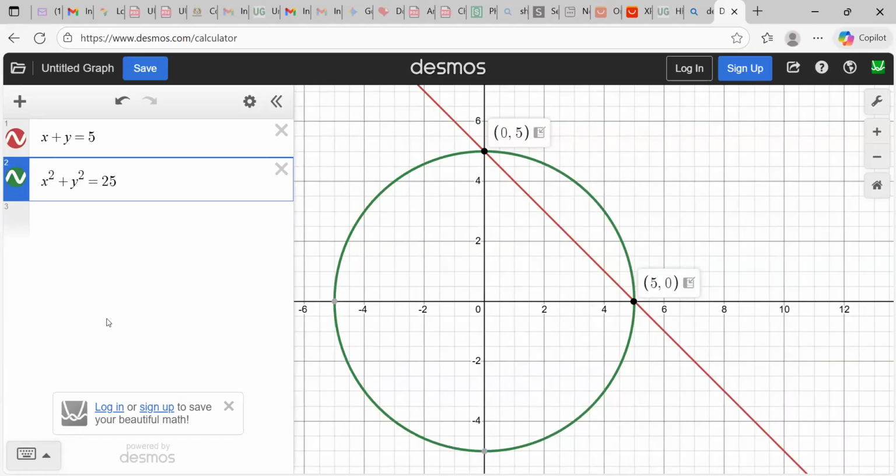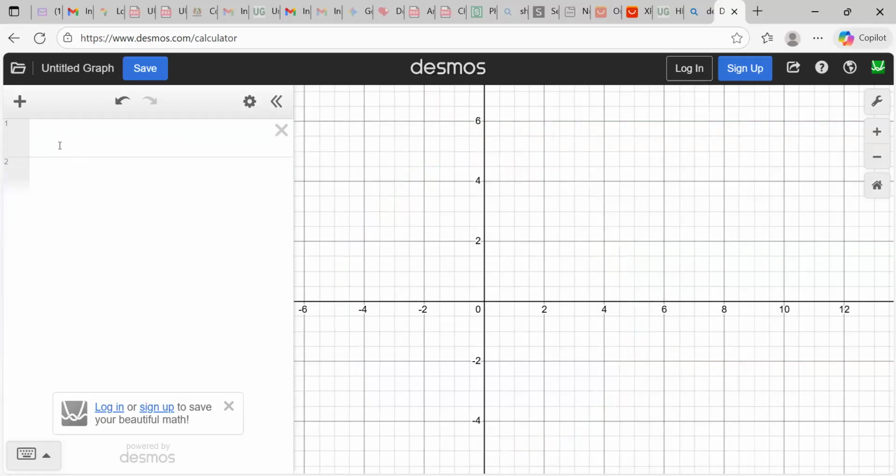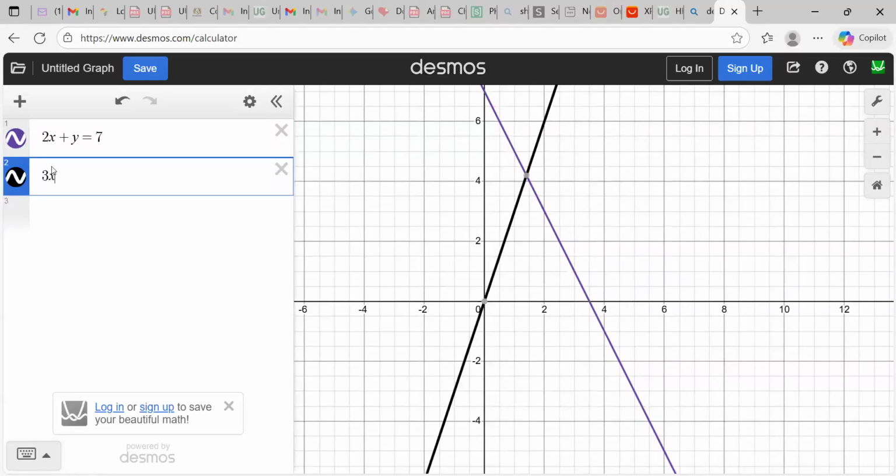I think we had some earlier. Give me a pair of equations that we solved earlier. Two linear equations that we solved: 2x plus y equals 7, and the other one is 3x minus 2y equals 7.